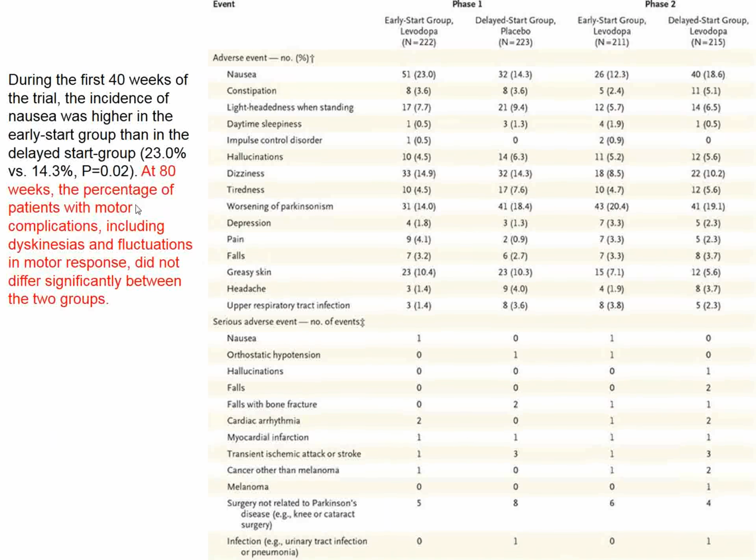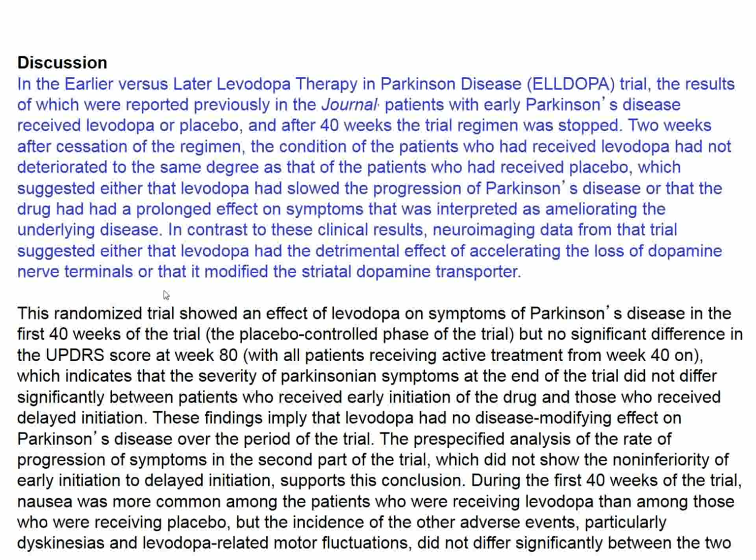So at 80 weeks, the percentage of patients with motor complications, dyskinesias, fluctuations in motor response, and a whole bunch of other parameters was not significantly different between the two groups. The idea that this therapy might have a disease-modifying effect came from the L-DOPA study that was done years ago, where the treatments were stopped, and it looked like the patients that had started L-DOPA for a longer period of time did better than the group that had not been treated in the same fashion.